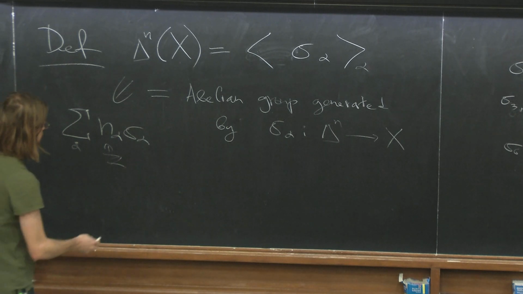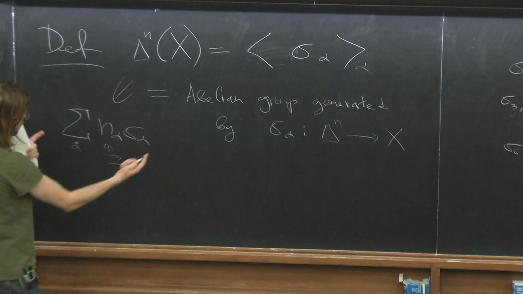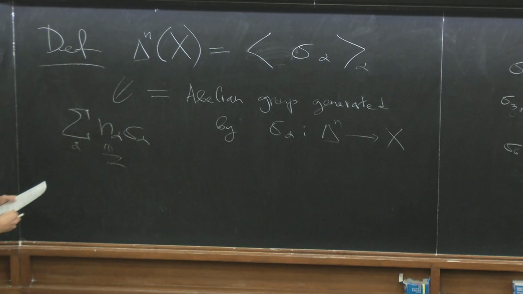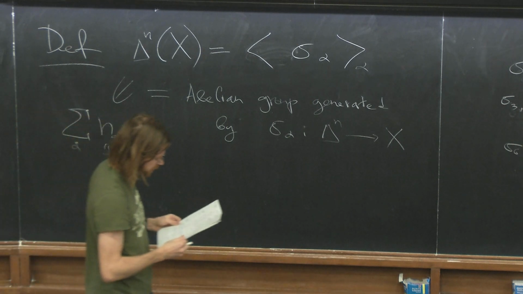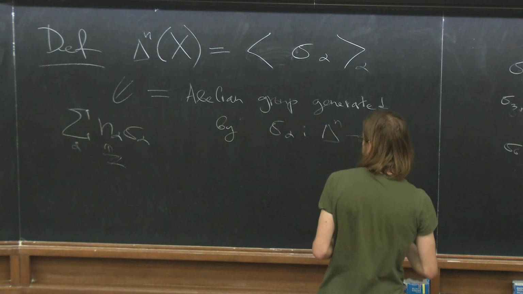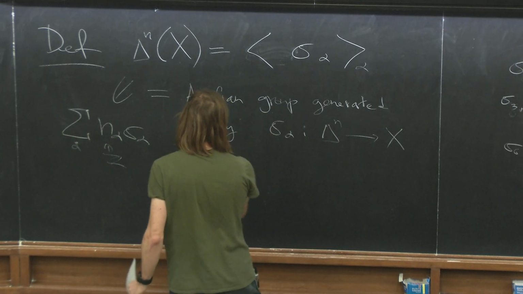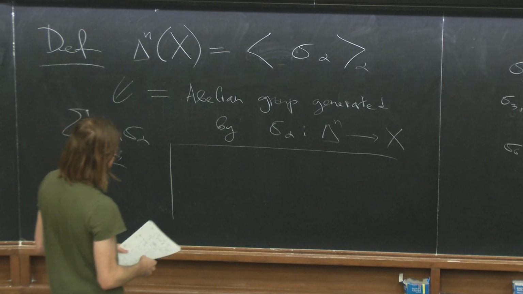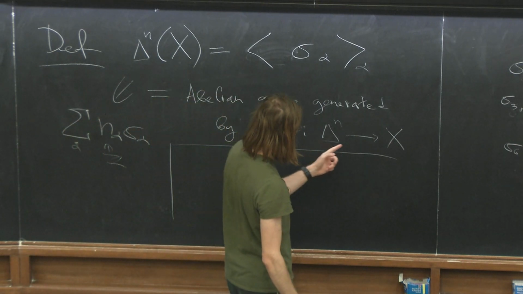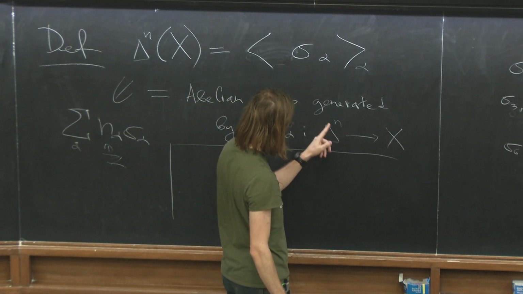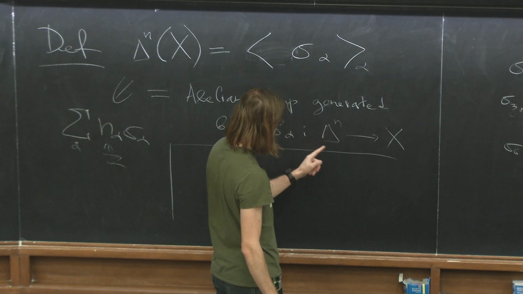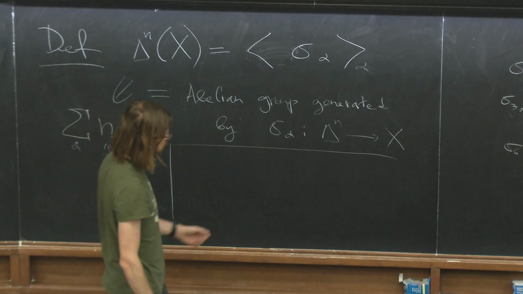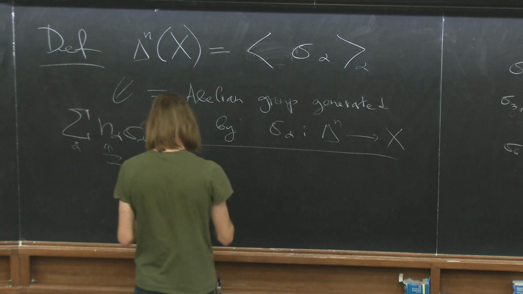If I take the sum of two such formal linear combinations, I just add up the corresponding coefficients. One should note that when we consider these maps, we usually want to keep a fixed order of the vertices in our simplex.